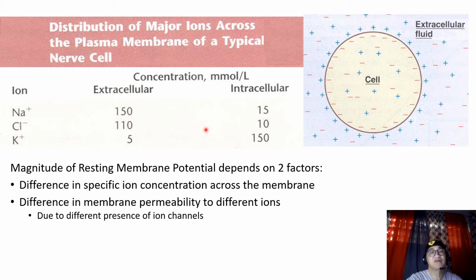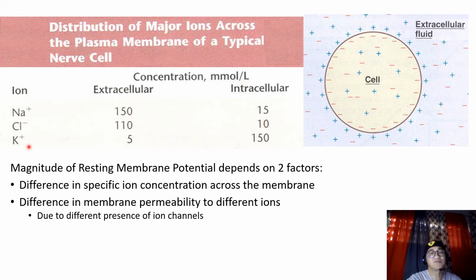Now, this table shows the distribution of major ions across the plasma membrane of a typical nerve cell. As you can see here, there are more sodium ions and chloride ions concentrated at the extracellular side of the membrane than at the intracellular side, measured in millimoles per liter.